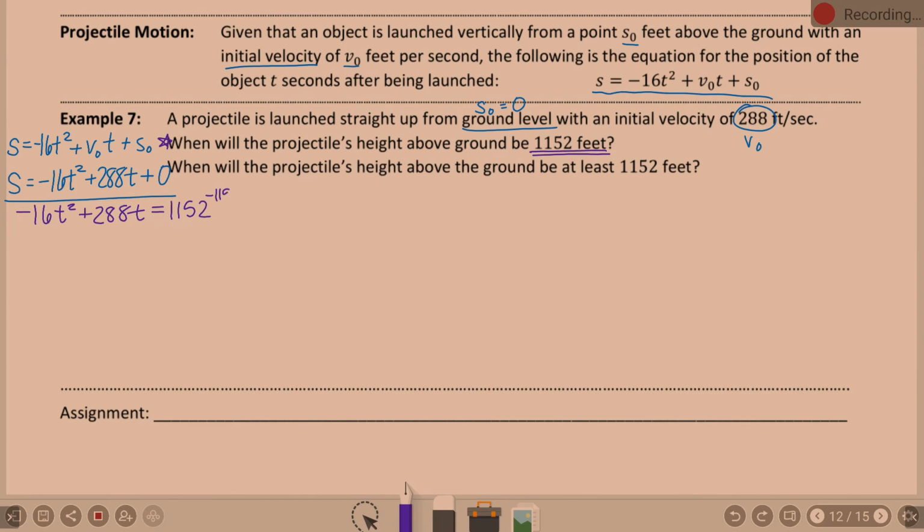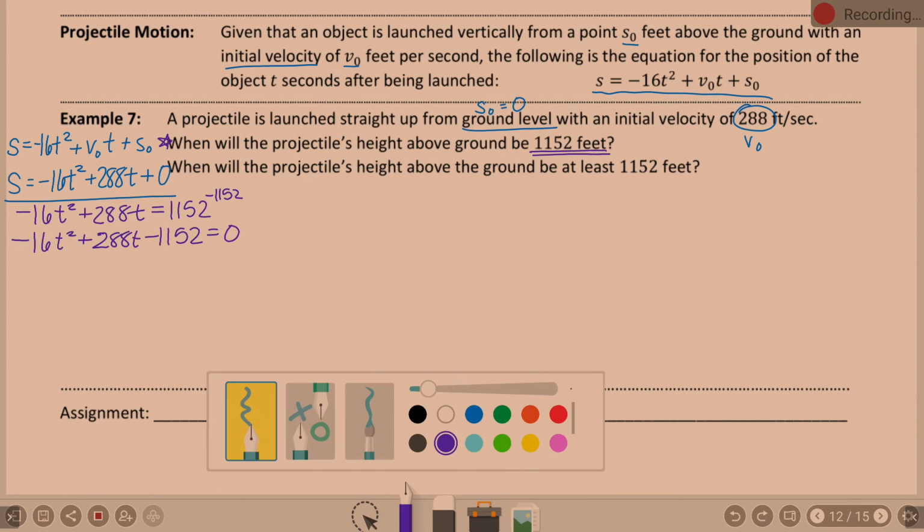So now I have negative 16t squared plus 288t minus 1,152. Now, Katie just discovered an awesome thing, and it works in homework too. These all divide by 16. Even better, divide by negative 16. You guys are on it.